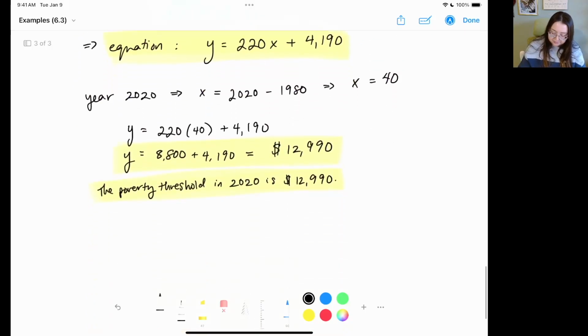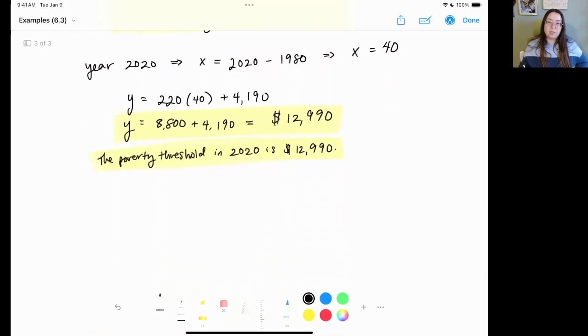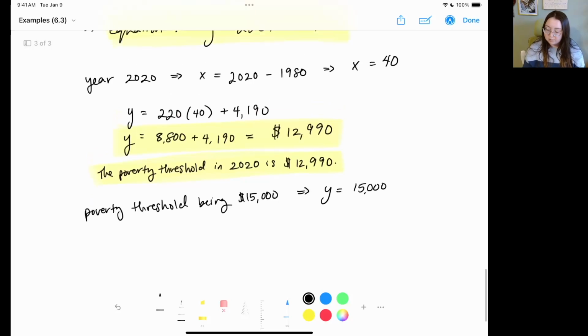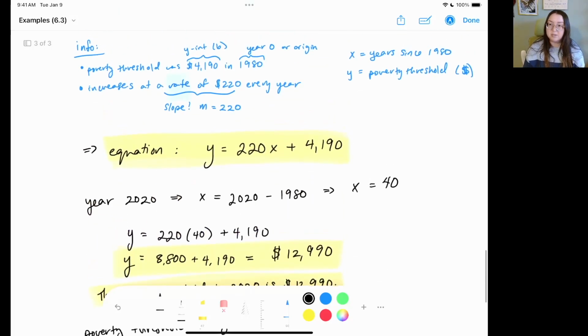So if we want to know when the poverty threshold will pass 15,000, that would mean that y is equal to 15,000, because remember, y was the poverty threshold. That's what we labeled it as.